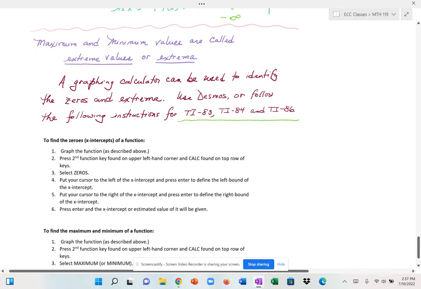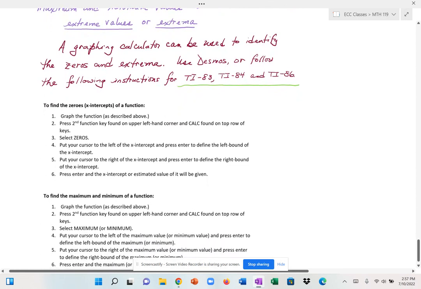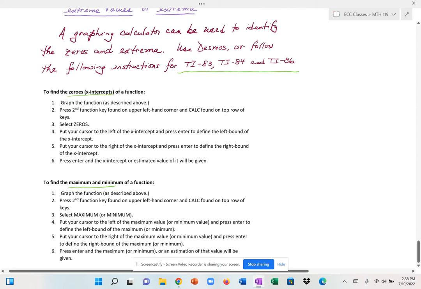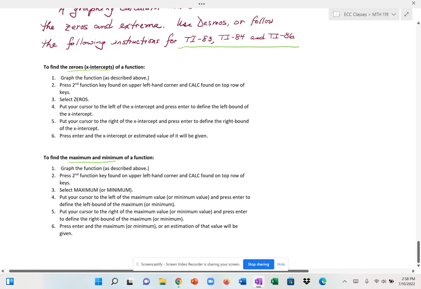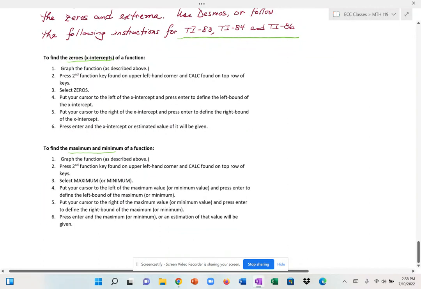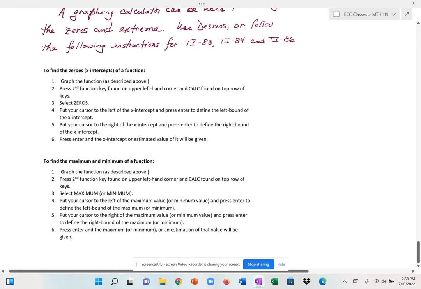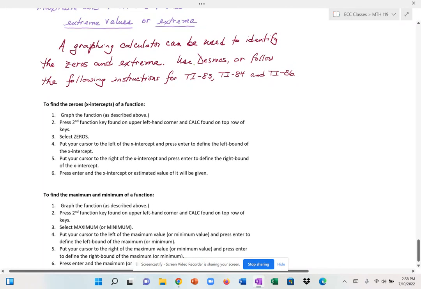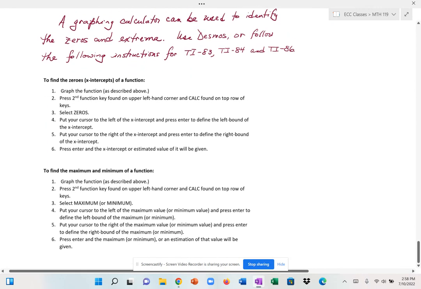So I gave you some directions as to how to use them to find zeros or x-intercepts, also to find maximum or minimum values, so you can read them if you choose to use them and if you have that tool. But you don't have to go out and buy a graphing calculator if you don't want to. This is free and provides you with some good information.